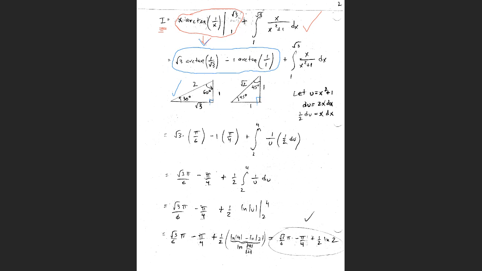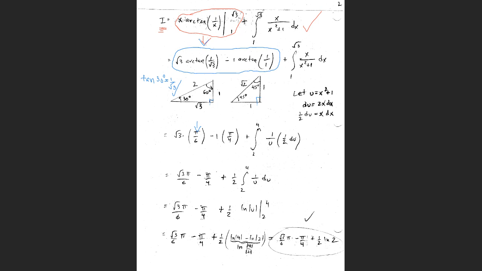So it turns out that since the tangent of pi over 6, or 30 degrees, is equal to 1 over root 3, because tangent is opposite over adjacent.